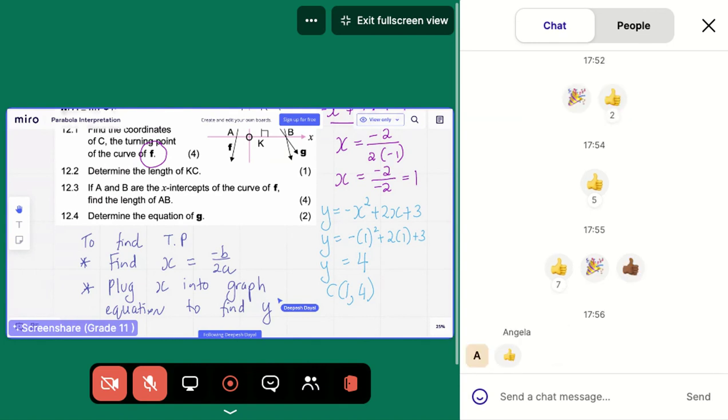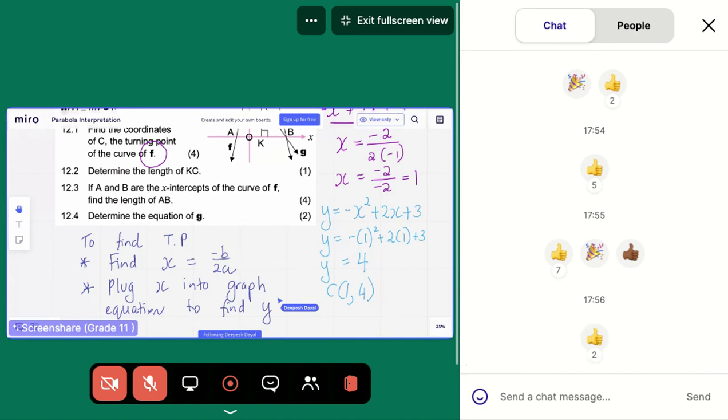Valerie, are you okay? You know how to find the x and the y of the turning point? Great. Please go through it and make a note of it so that you don't forget. I'm so happy that we've cleared that up. So I'm just going to clear this up because I want some of the space under this graph.